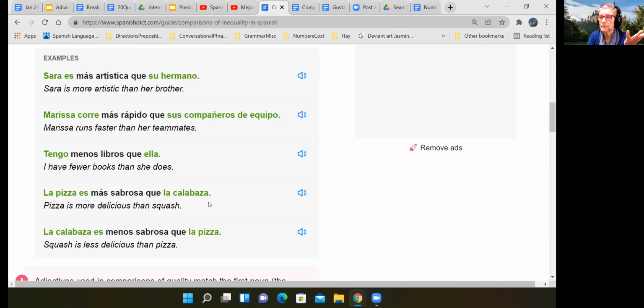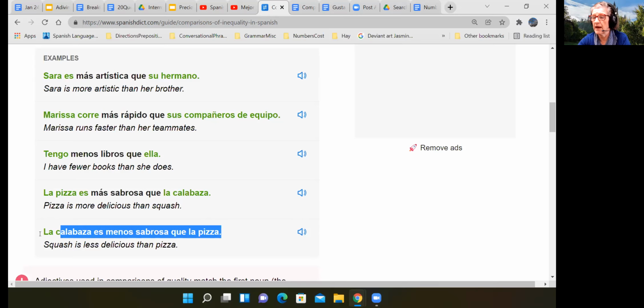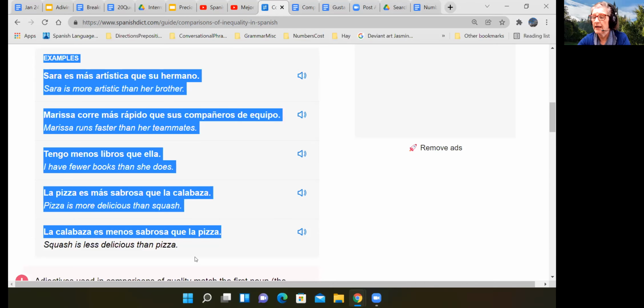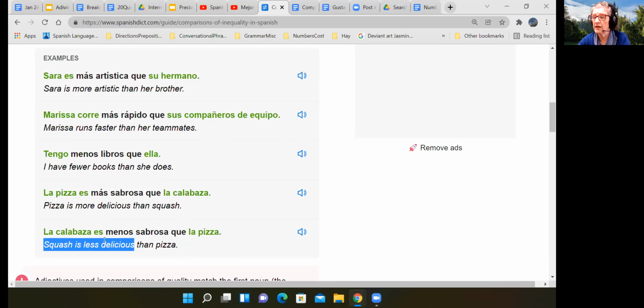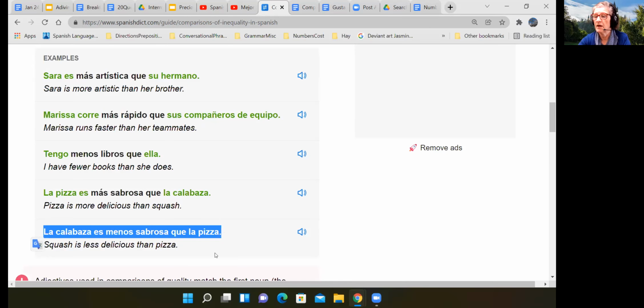Doesn't matter, right? We're comparing things. So whether it's factual or subjective, it doesn't matter. See, if you think the opposite way, the not so tasty, right? La calabaza, squash, la calabaza es menos sabrosa que la pizza.